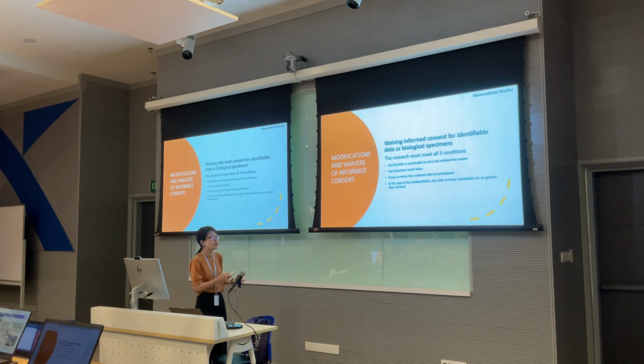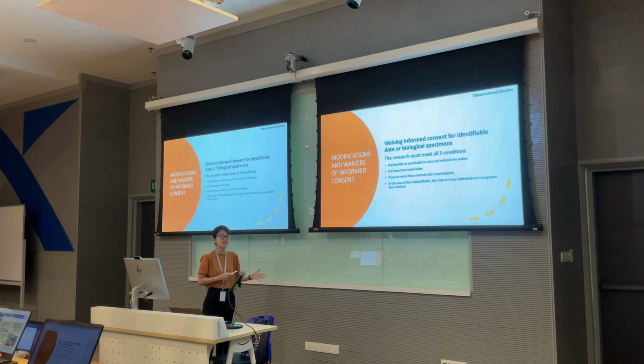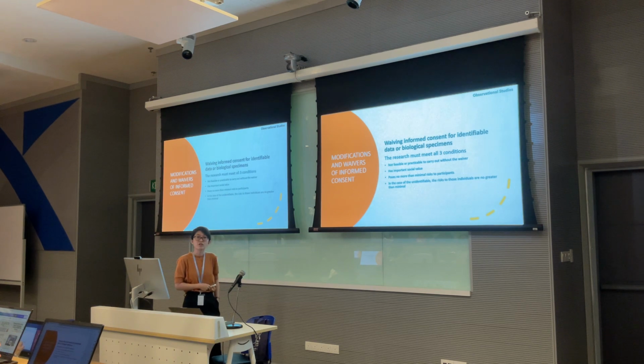You want to do some experiment or report using this data and biological sample. So you can waive the informed consent provided that obtaining it is not feasible or practicable, similar to the earlier case. It is impossible for you to start your study without the waiver. You experience some difficulties in obtaining the consent.